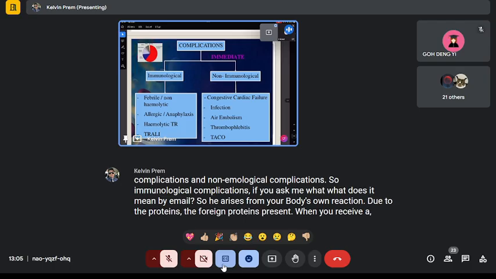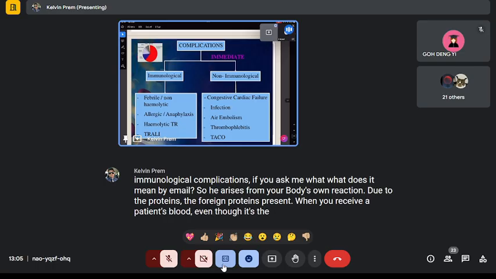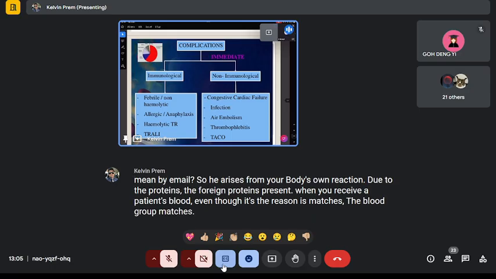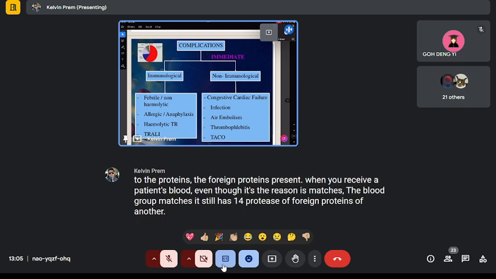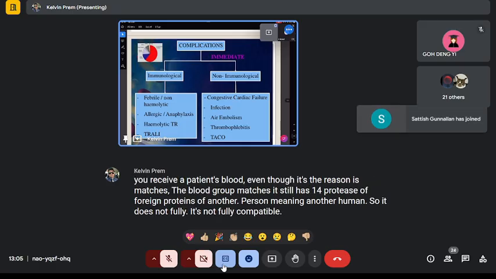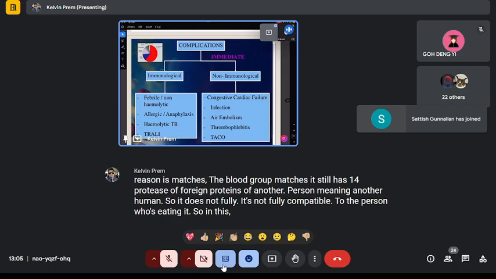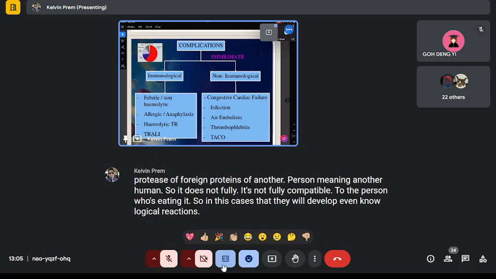When you receive another person's blood, even though the blood group matches, it still has foreign proteins of another human. So it is not fully compatible with the person receiving it, and in these cases they will develop immunological reactions.